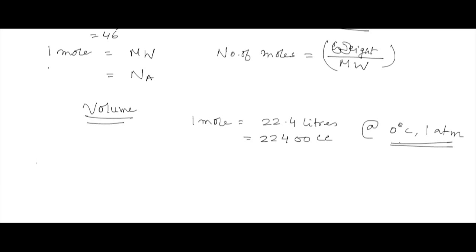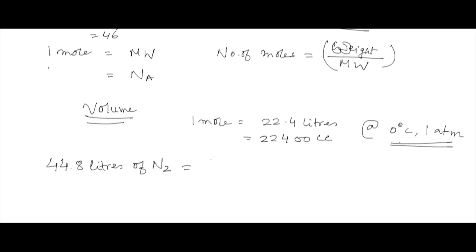So suppose it is said that there is 44.8 liters of N2. Again, when we went for mass to particle analysis, what did we do? From mass we converted to moles.